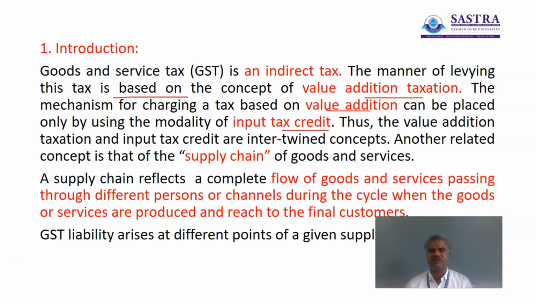When you give additional value to the product, you have to collect tax only on that additional value from the customers, because you already paid tax for the cost of the product. So how much you add more, the tax will be collected only on that part. That's why this is called value added tax.